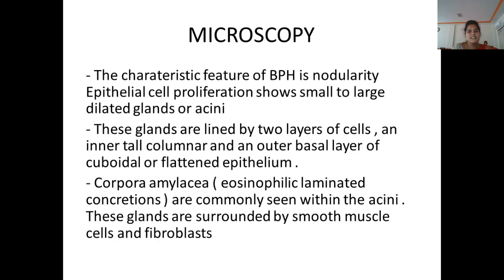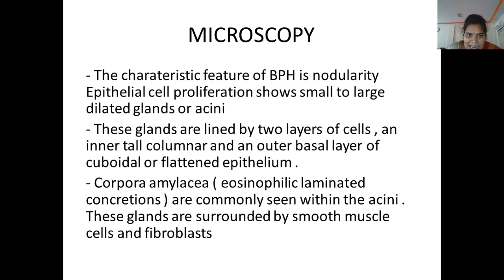Microscopically, when we see in the microscope, the characteristic feature of BPH is nodularity. The epithelial cell proliferation shows small to large dilated glands or acini. These glands are lined by 2 layers of cells.